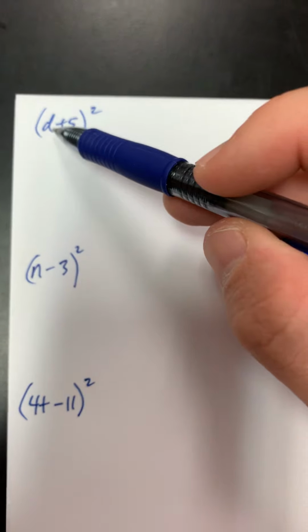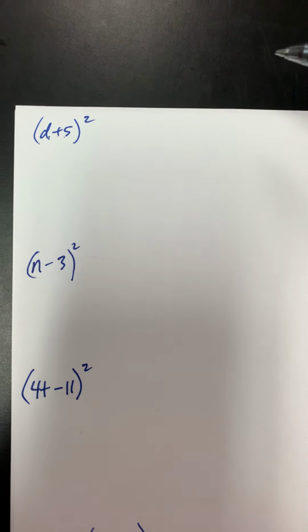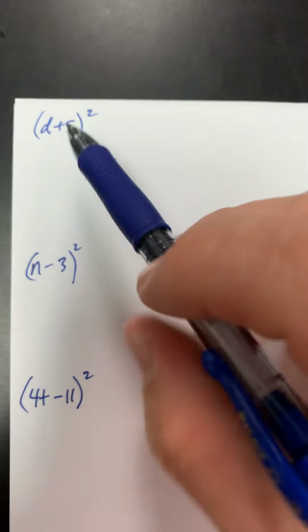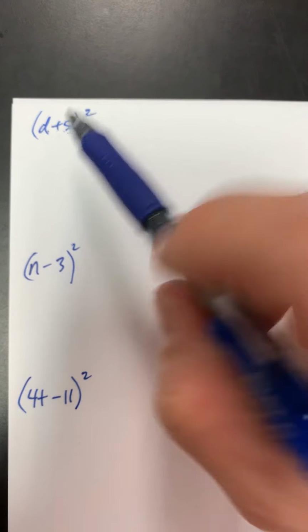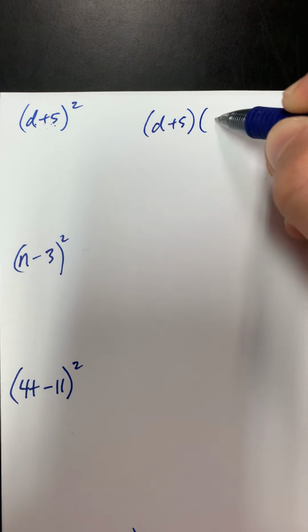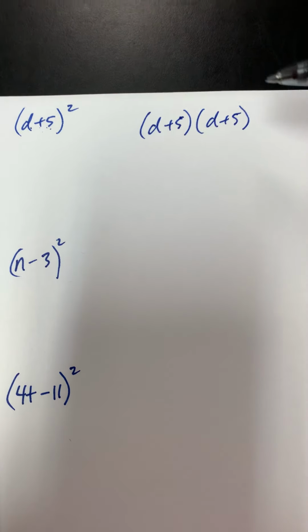So here we have the quantity d plus 5 squared, which means that's just like if you had 8 squared, that's 8 times 8. Here you just have d plus 5 squared, so that's d plus 5 times d plus 5. And we did this in the last lesson.